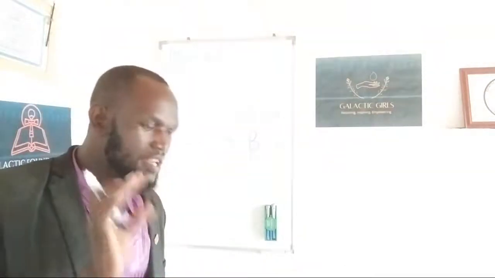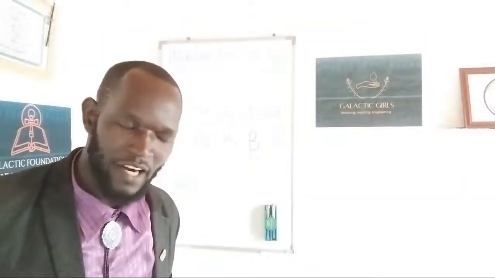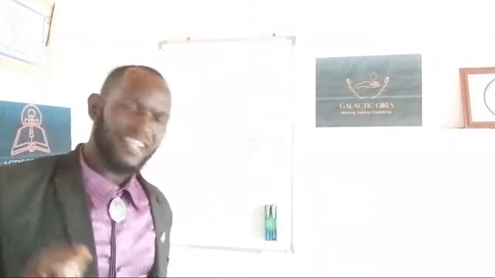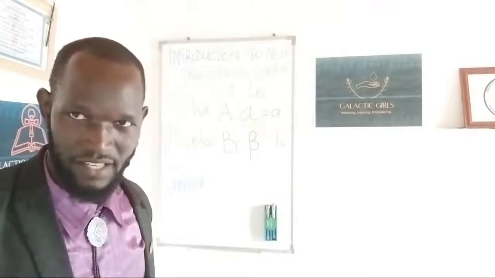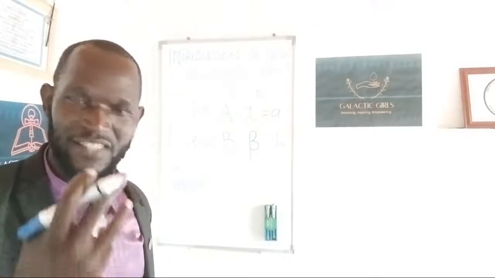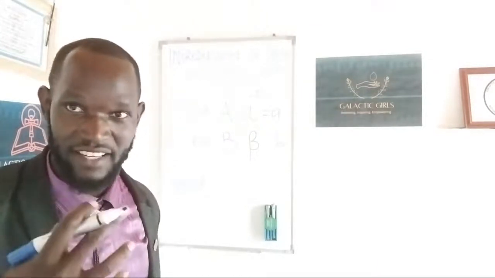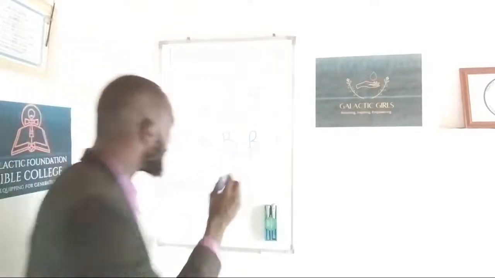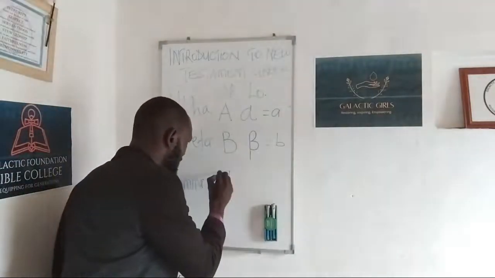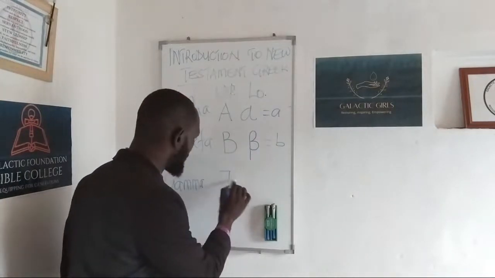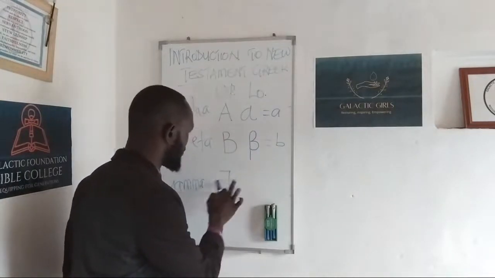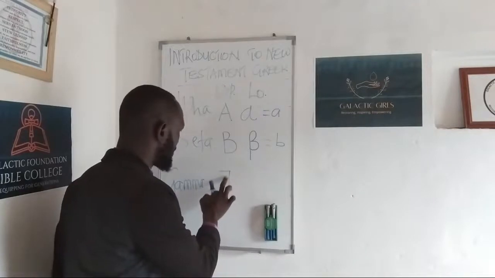Now, the way gamma is written, think of the letter 7, like the English letter 7 that is written. So of course, this is the English letter 7, right? Think of letter 7, but without that cross in between, in the middle.